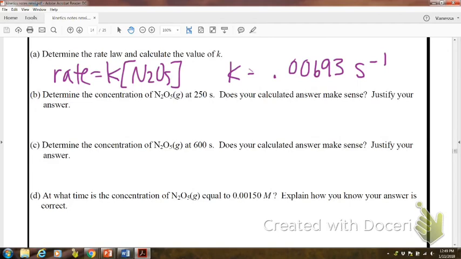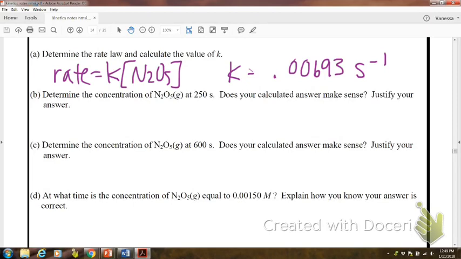So to solve for time, because that's our next question, determine the concentration. Okay, so now you're going to do second trace, and then you're going to hit 1, and you see that X, because X is time, right?